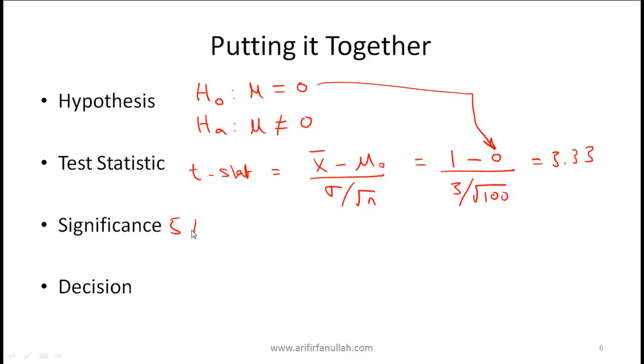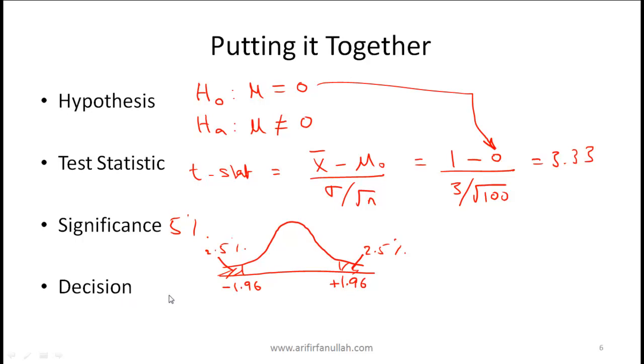Then given a 5% level of significance, we came up with the critical values. So this was our normal distribution. 5% level of significance meant that we have 5% in the tails, so 2.5% in each tail. And based on this, the critical values were minus 1.96 and plus 1.96.